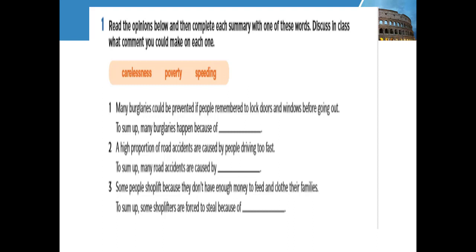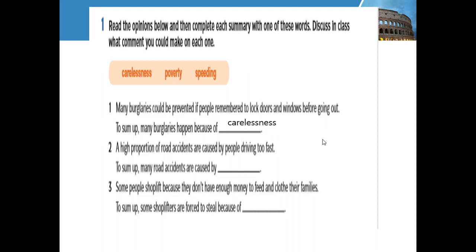So I give you time to identify the correct words to complete the summary for that particular number. Okay, are you ready? Alright, let's check number 1. Many burglaries could be prevented if people remembered to lock doors and windows before going out.